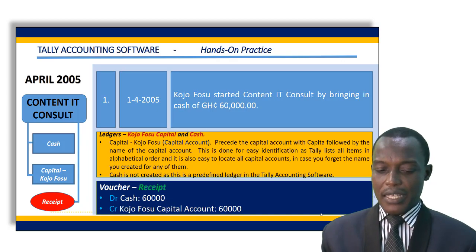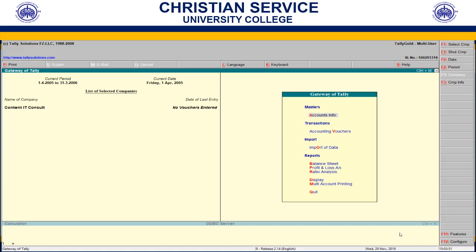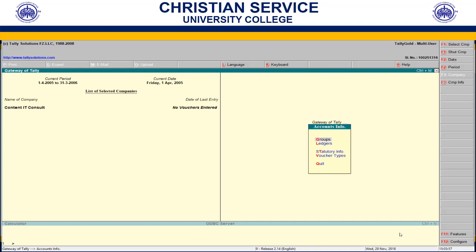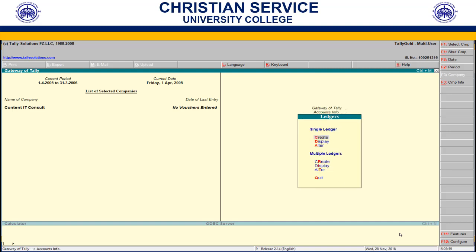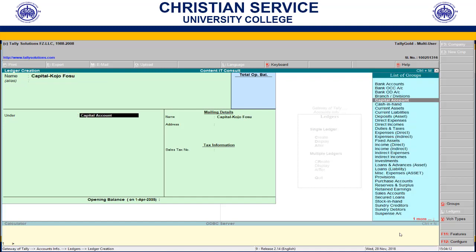So let's go to the system. We create a ledger. Ledgers are created at accounts information, as I said before. So we press A and we create ledgers by pressing L and then C for create. Our first ledger is capital, and we can give a hyphen and mention Kojo Fosu. The capital is under capital account.